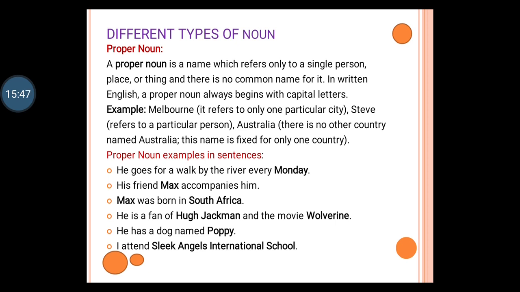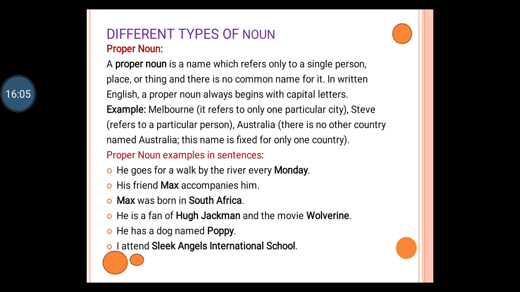All these names should start with a capital letter when you are writing them, and they must start with capital letters wherever they are found in a sentence.